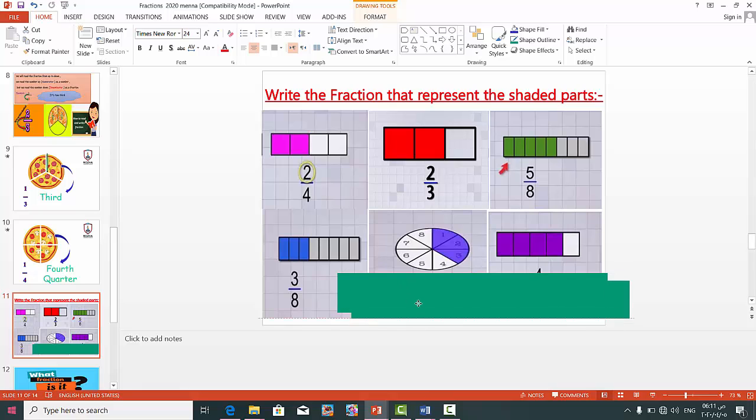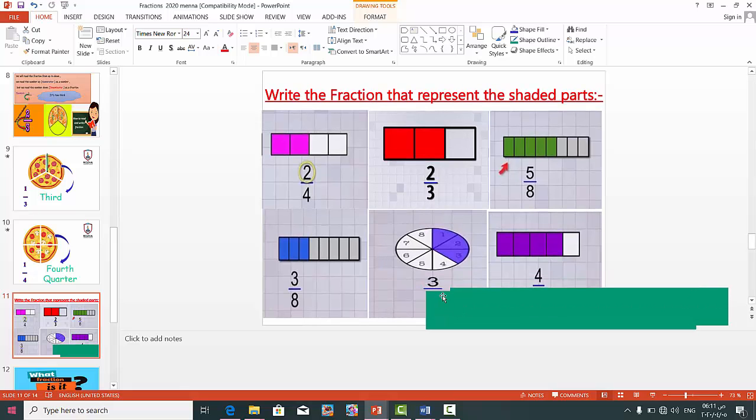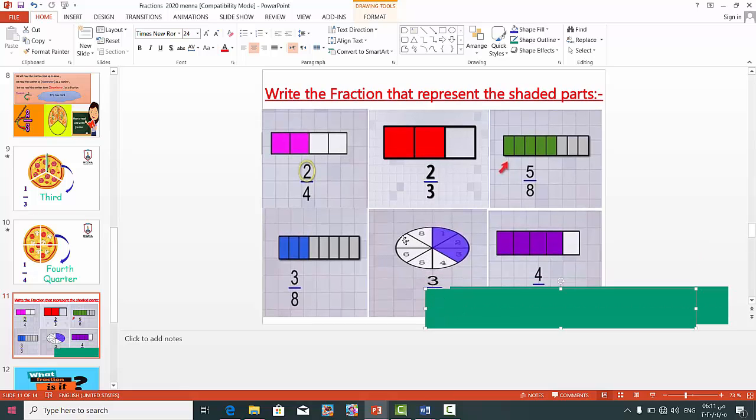Here, how many colored parts in this exercise? 1, 2, 3. I will write number 3 in the numerator. And how many all parts? 1, 2, 3, 4, 5, 6, 7, 8. It will be 3 over 8.